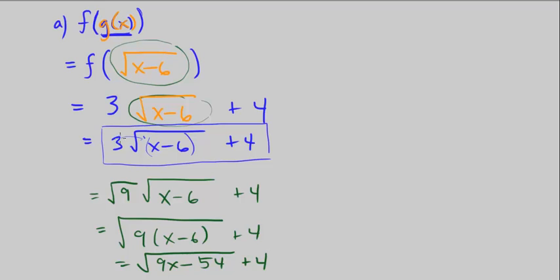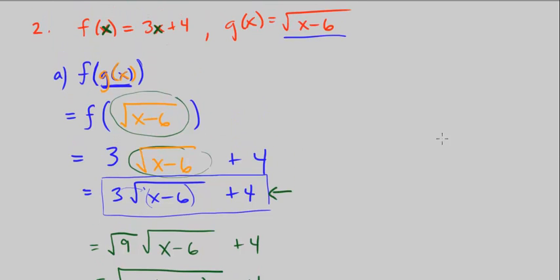But you cannot distribute that 3 inside unless you make it square root of 9 and put the 9 inside, okay? But right here is the answer for part A.